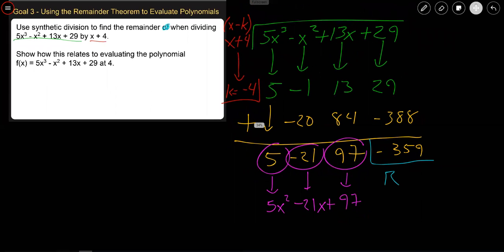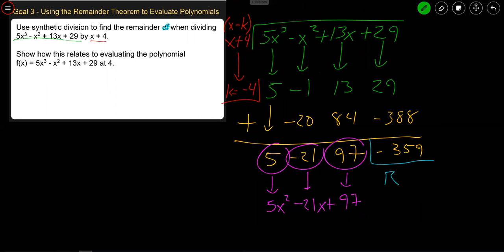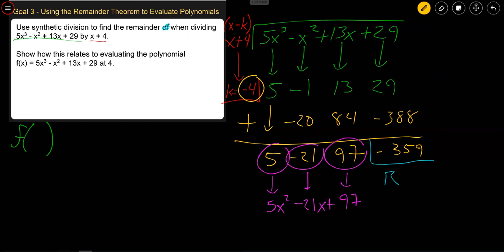Well, the second part of this problem is to show how it relates to evaluating the polynomial. So we're going to evaluate the polynomial. In other words, I'm going to plug this k value right in for my x.